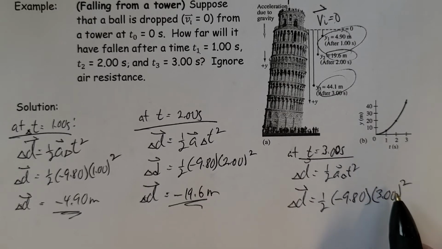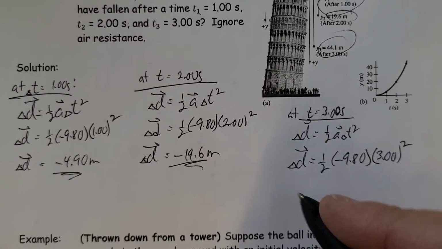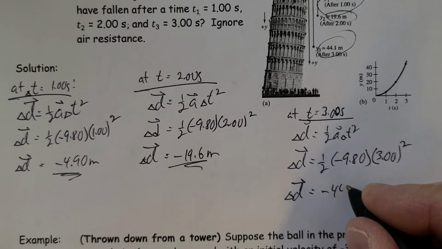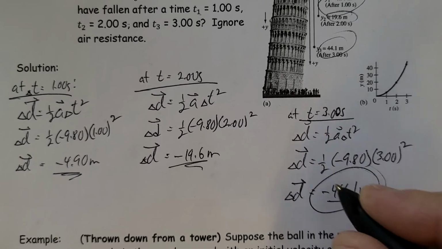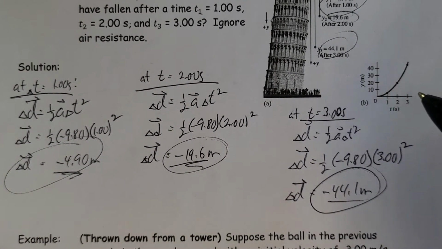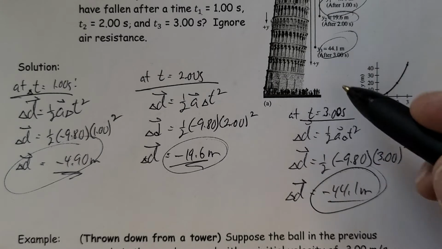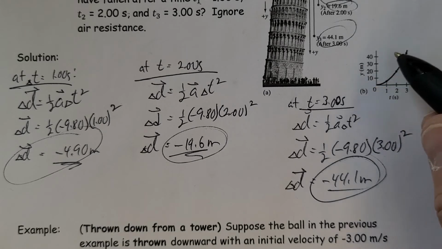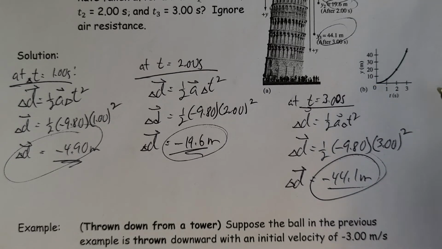So square that first to get 9, multiply by negative 9.8, multiply that by 1/2, and we get negative 44.1 meters. So you can see it's definitely a quadratic type pattern there, because of that squaring factor, that time squared, that causes it to be a y equals x squared type scenario.